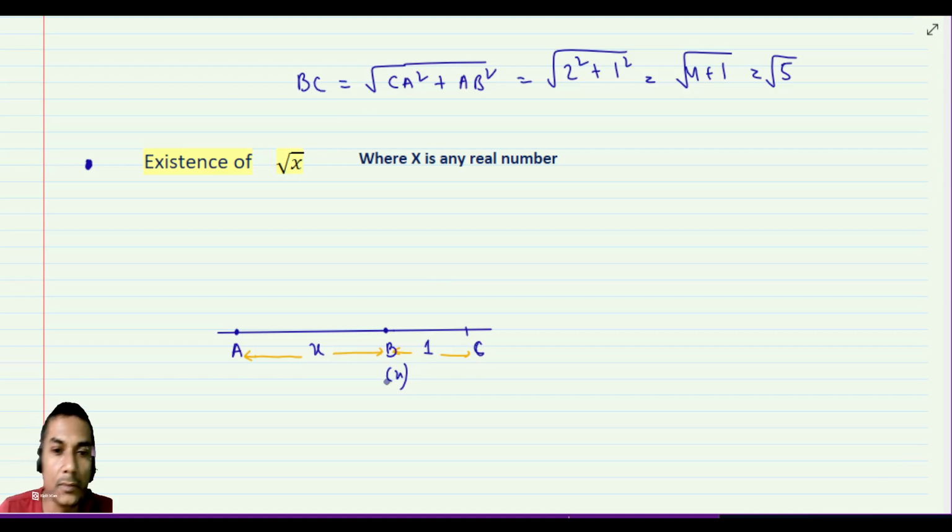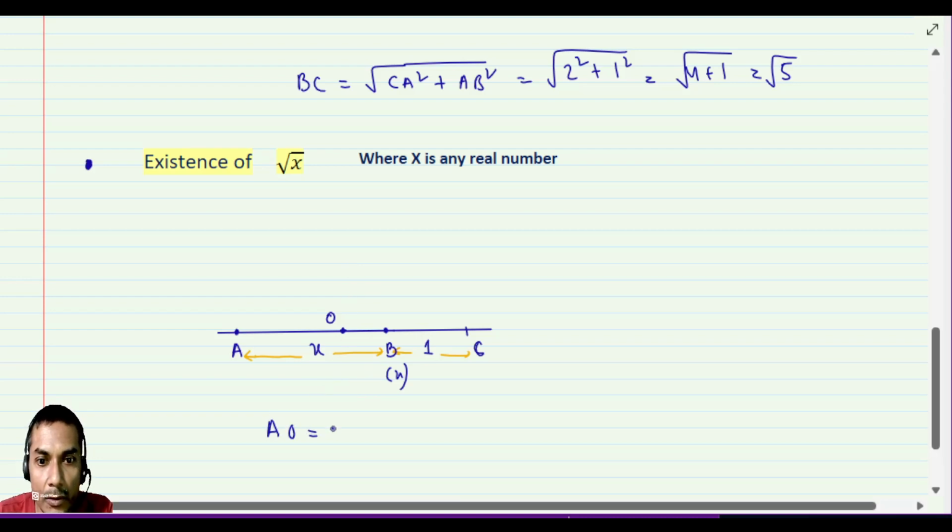Then you get AC as x plus 1. Then you divide this into two equal parts and you get the point O. Means AO is equal to OC.